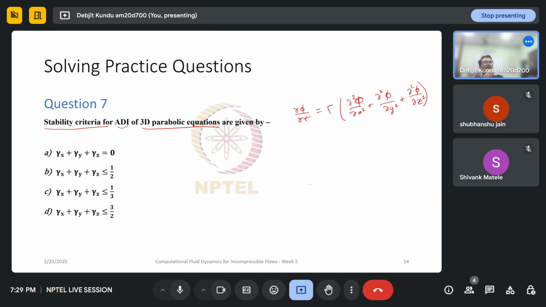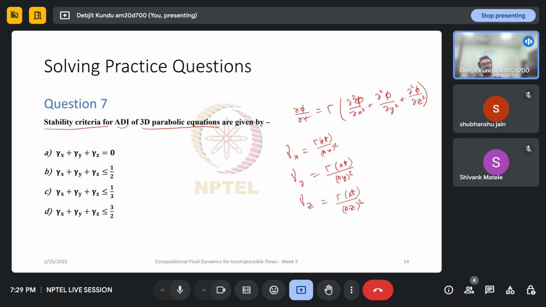So if I use ADI on this with x sweep, y sweep, z sweep, these numbers, gamma x, gamma y, gamma z, are units of diffusion coefficient. So these are like gamma delta t over delta x squared, then gamma delta t over delta y squared, and gamma z will be capital gamma delta t over delta z squared.